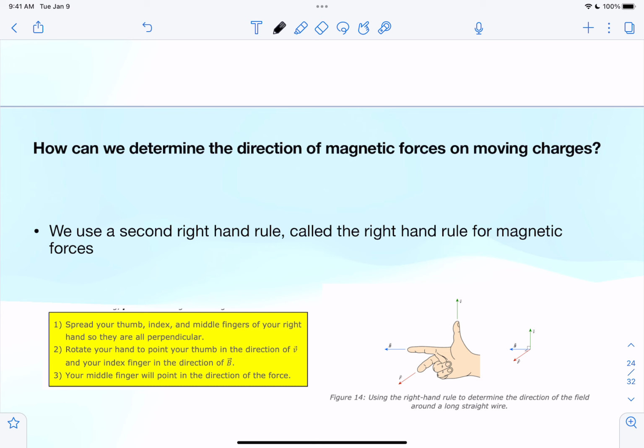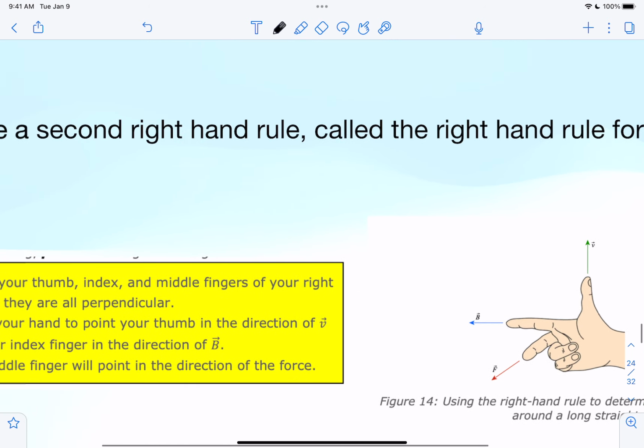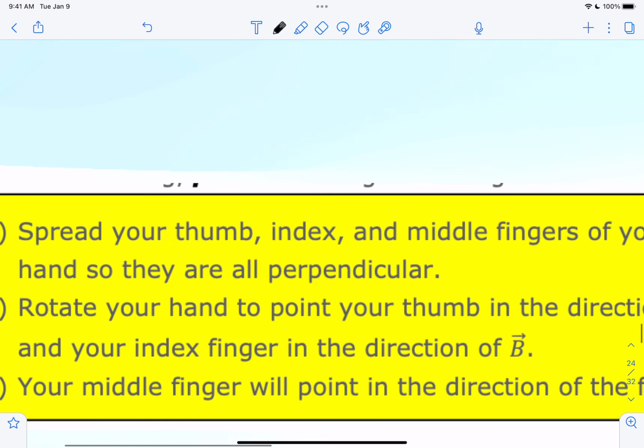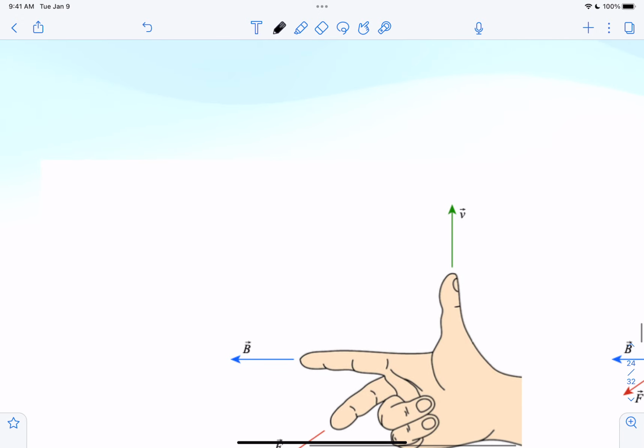In this case, we are not wrapping our fingers around a current-carrying wire. Number one, your thumb acts as the direction of the particle we're interested in. It describes the motion of that particle, whether it's moving upwards, downwards, left, right, at a specific angle, etc.